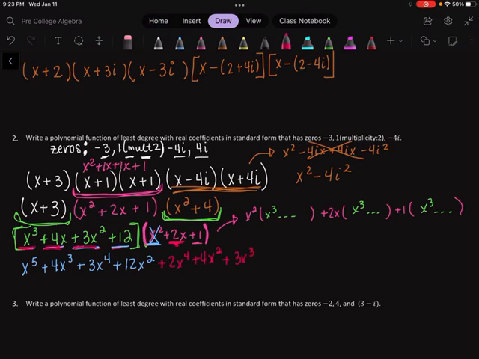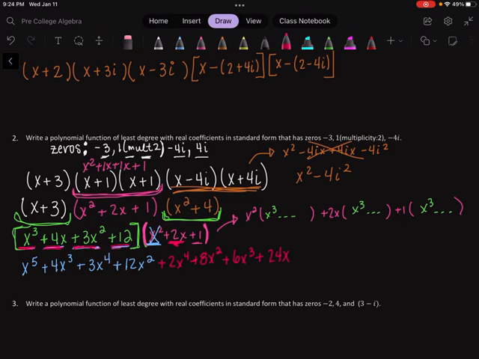And then 2x times 12 is positive 24x. Oh, I mixed this. This shouldn't be 3, this should be a 6, and that should have been an 8. That's why I miss being in class with y'all, because y'all be correcting me. 6x cubed and then 24x on the end there.